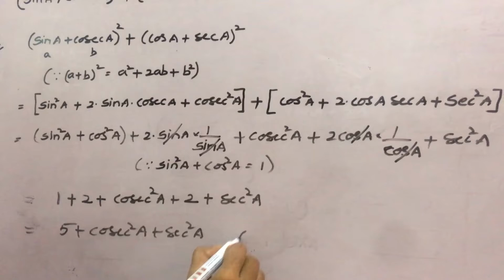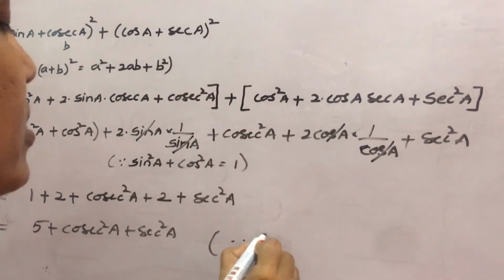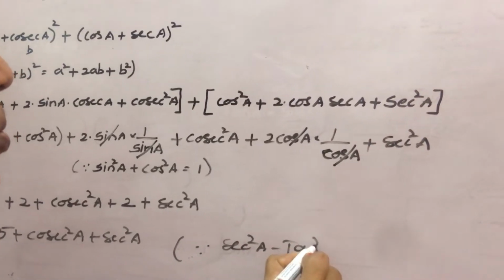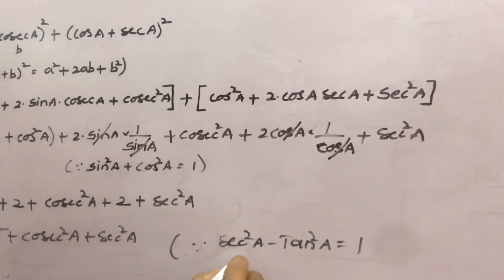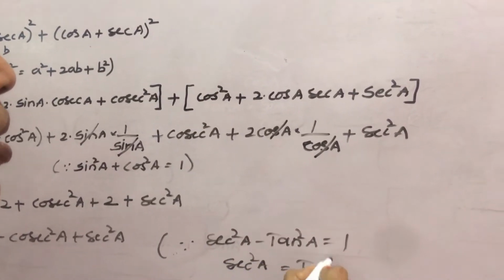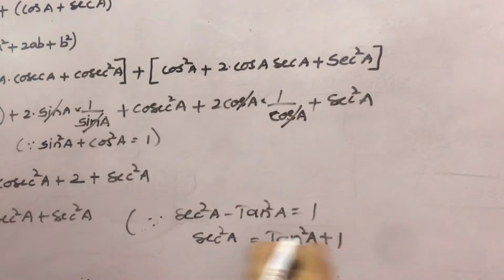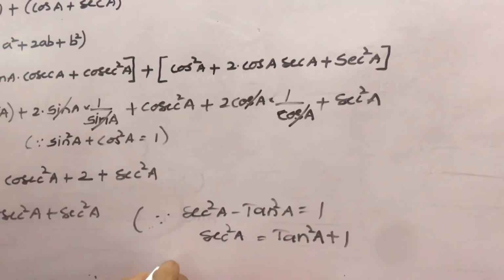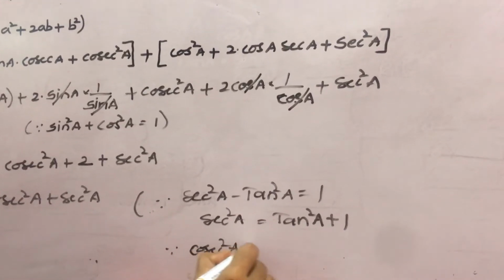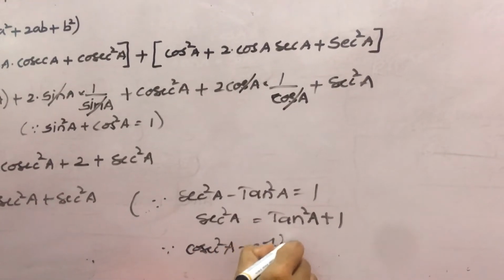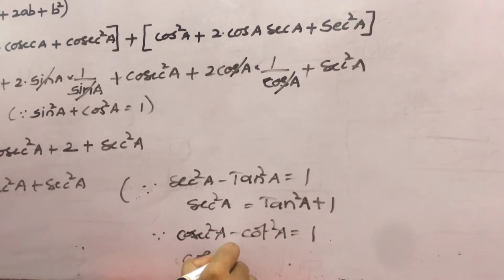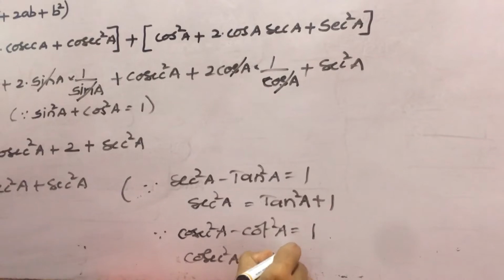What is the second trigonometrical identity? Sec square A minus tan square A is equal to 1, or we can write sec square A is equal to tan square A plus 1. What is the third trigonometrical identity? Cosec square A minus cot square A is equal to 1, or cosec square A is equal to cot square A plus 1.